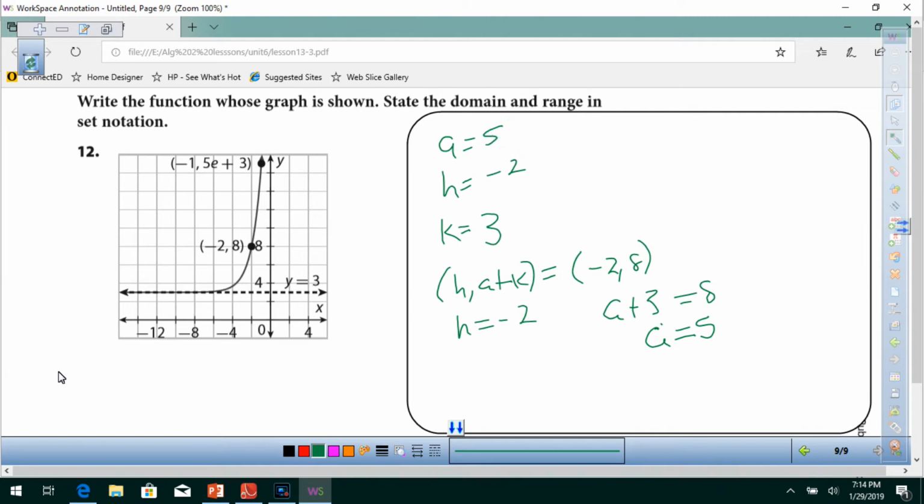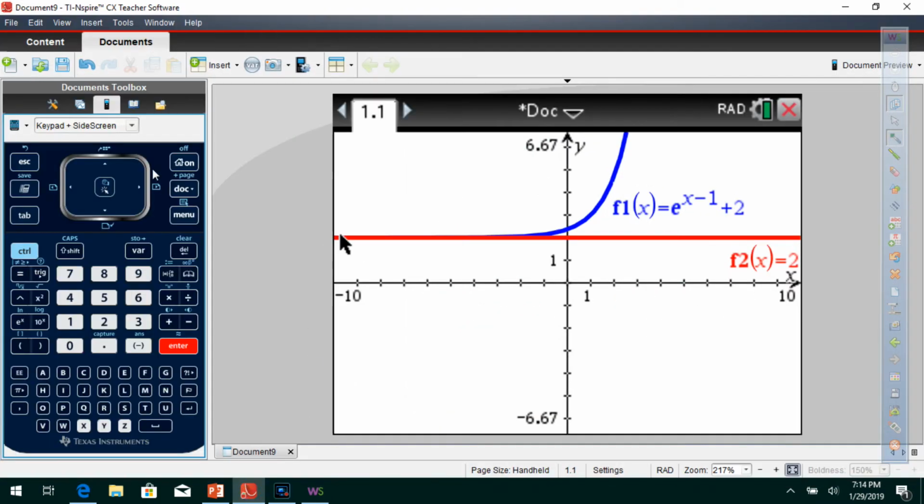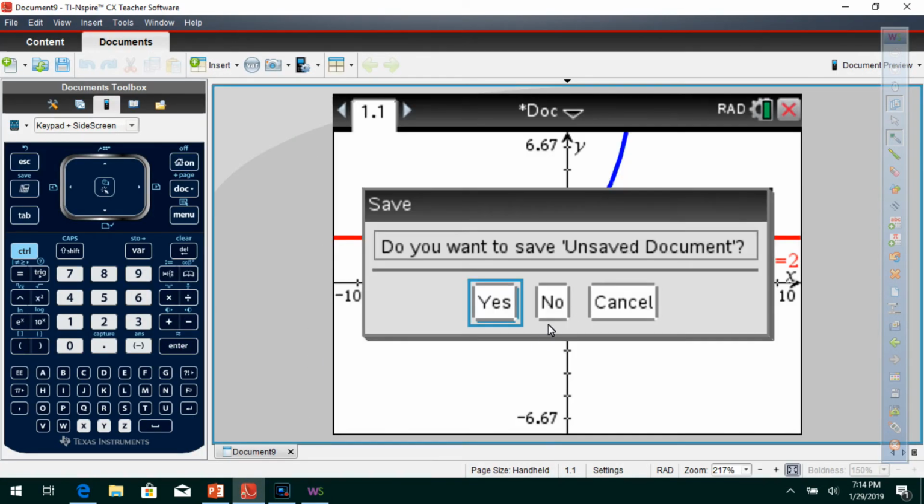So our equation is going to be G of X equals 5 times e^(X+2) plus 3. I wonder if that's right. Let's check it out. New document.